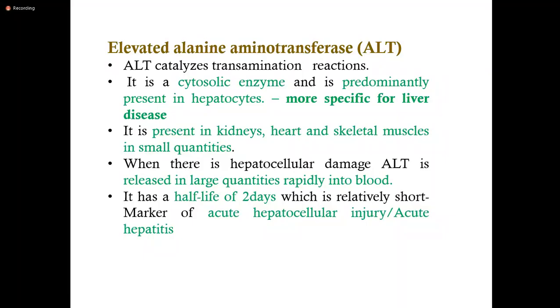If it is an acute illness, to find out the changes in the situation of the disease, it is better to have a marker with a shorter half-life. ALT has a 2-day half-life, so that is a good thing as a marker of acute hepatocellular injury.